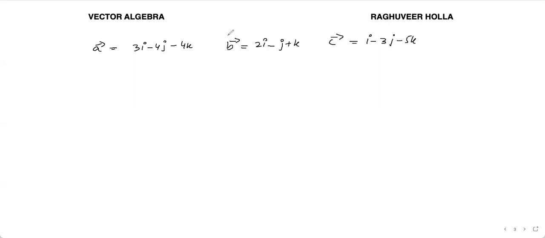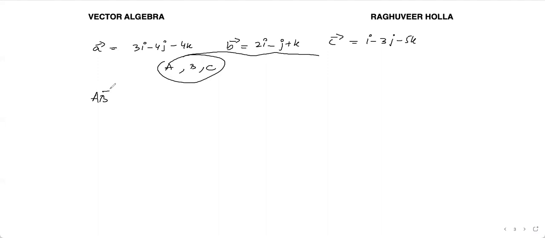The points A, B, C with these position vectors respectively form the vertices of a right angle triangle.